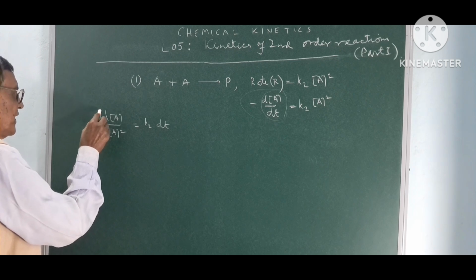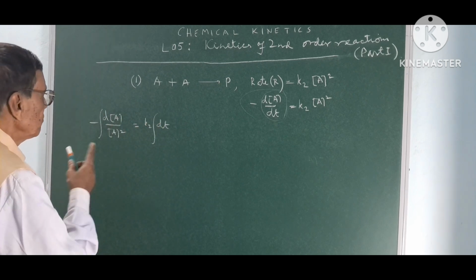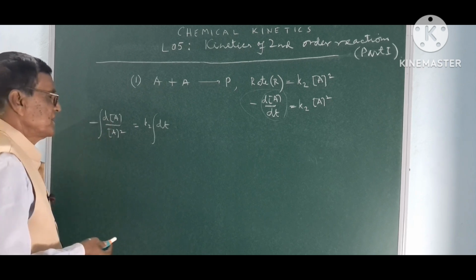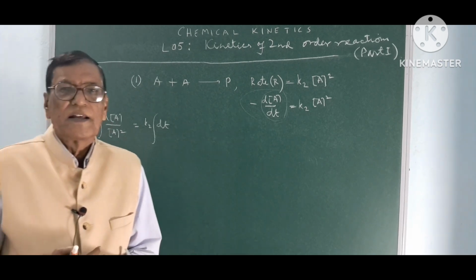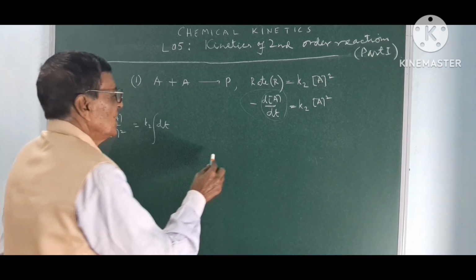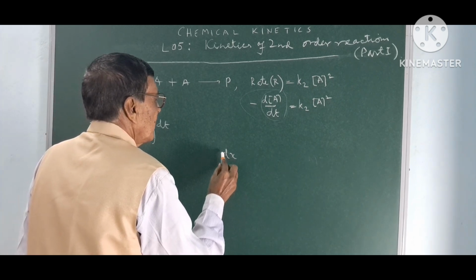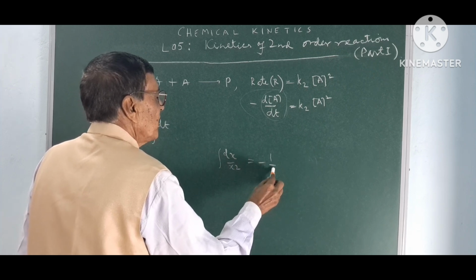Now we can integrate, and you know this integration is very easy, and you have already learned it in class 12 courses. Suppose say integration of dx by x square equals minus 1 by x.